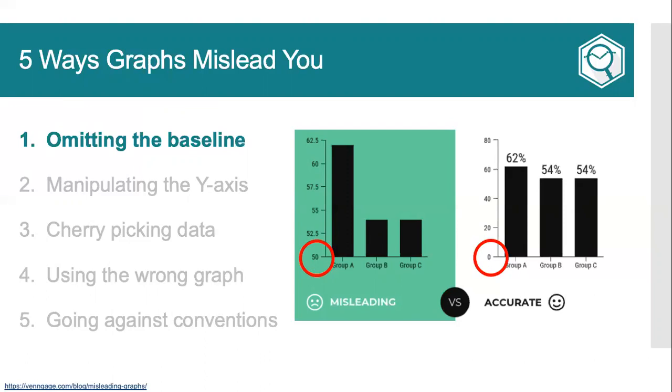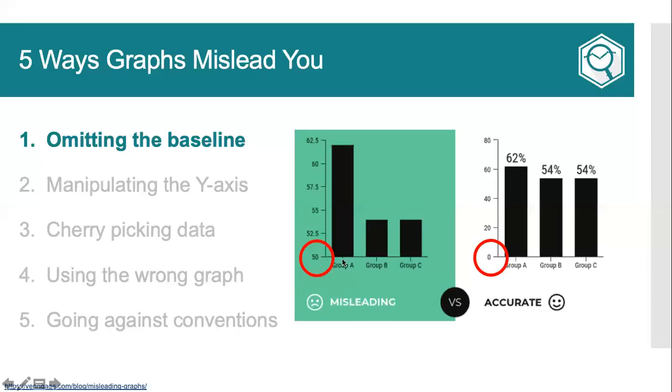All right, so looking at the example here, why is the misleading graph misleading? Right. So it doesn't start at 0. And why is it a problem that it doesn't start at 0? Exactly.